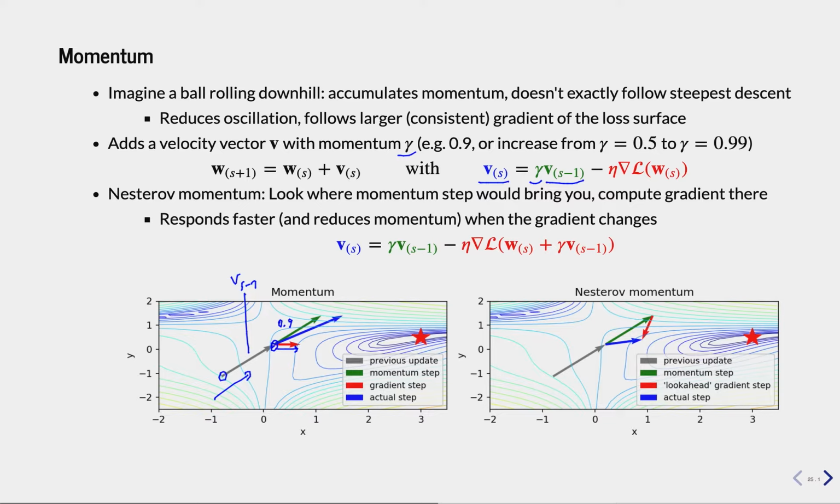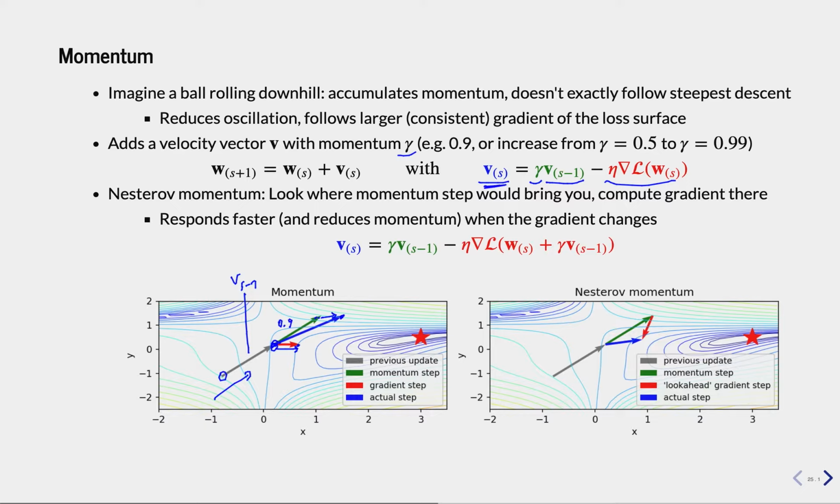Right? This gives us the green one. Then we compute the gradient in our new location, and this tells us to go in this direction. That's the red term. And the actual movement that you make is the sum of these, right? So take the green one times the direction of. So this is minus the green, of course, and sum these two up, and you end up in this point here. So that's the blue vector here. That's the idea behind momentum.